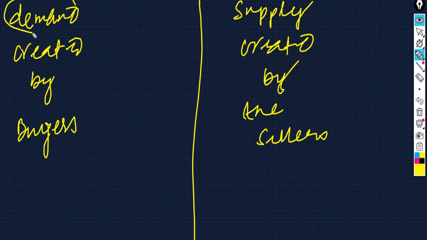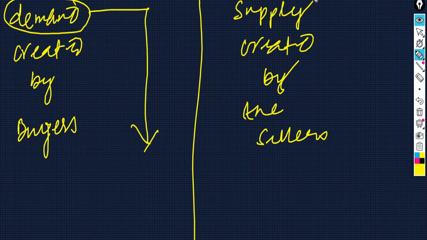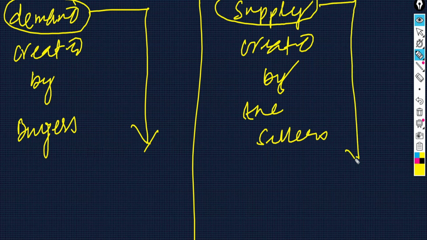But what are the driving factors for this demand generation, or the driving factors for this supply generation?